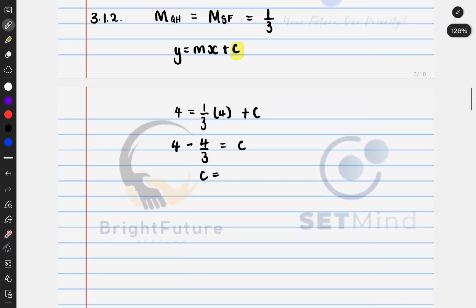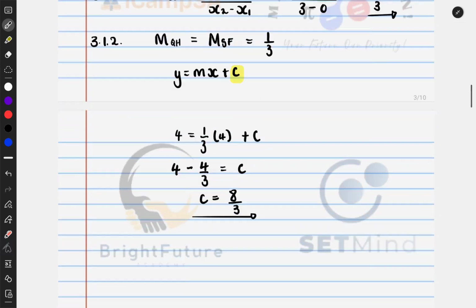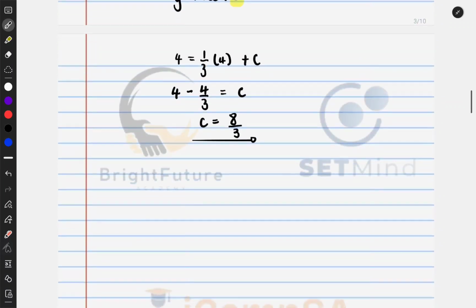We'll just keep it as a fraction. So that is your C, but we are looking for the equation of QH. Therefore the equation will be y equals 1 over 3 x plus 8 over 3. And remember, the C value is the value of the y-intercept. Here we can see that the y-intercept is 8 over 3, and it is positive.